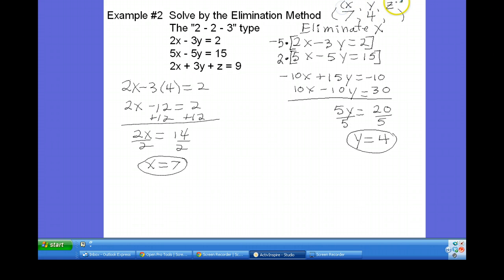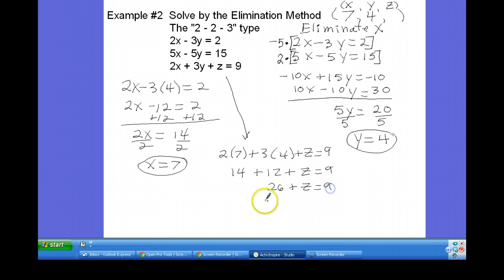Okay. All right, now that we have these two, then we take the three-variable equation and we'll plug x and y in it. So we'll put 7 in for x, so this becomes 2 times 7 plus 3, and we put 4 in for y, plus z equals 9, multiplying 14 plus 12 plus z equals 9, adding like terms, 26 plus z equals 9.